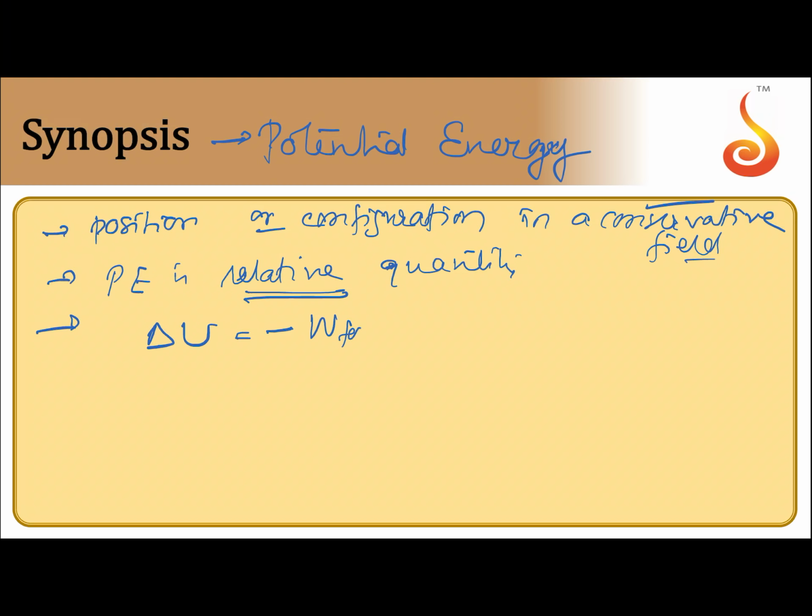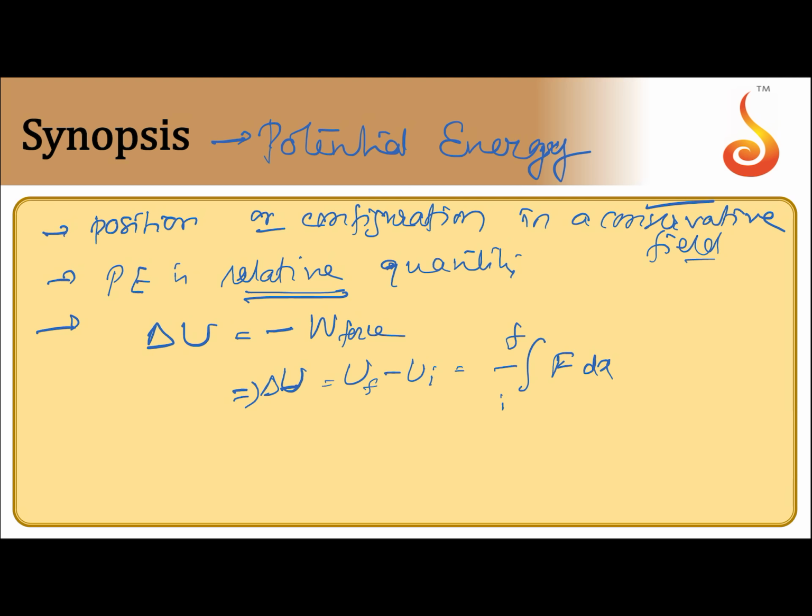So this can also be written like this: delta U is equal to final potential energy minus initial potential energy, which is minus the integral of F dx from i to f. This is how you write the change in potential energy.